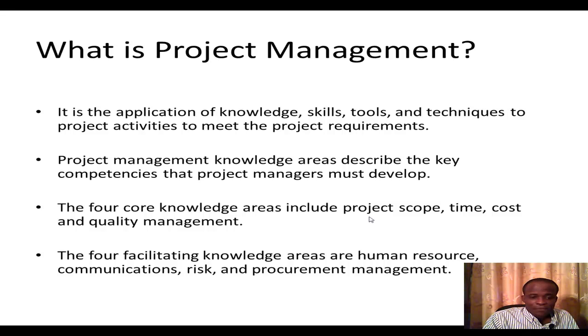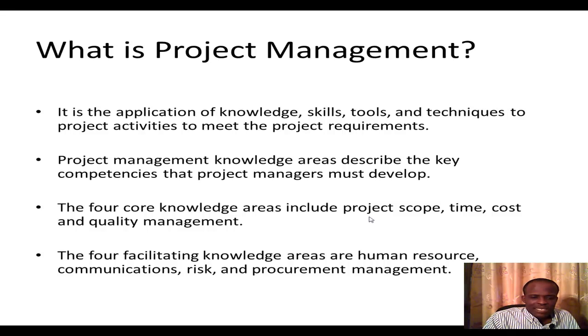Now, there are some knowledge areas. These knowledge areas describe the key competencies that you as a project manager must develop in order to manage a project successfully. Now, there are nine or so, not in any particular order per se, but the ninth one is like the summation of all of them.